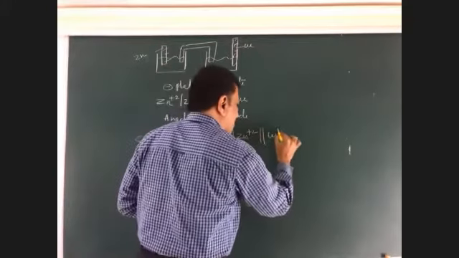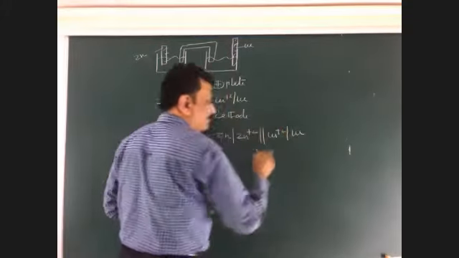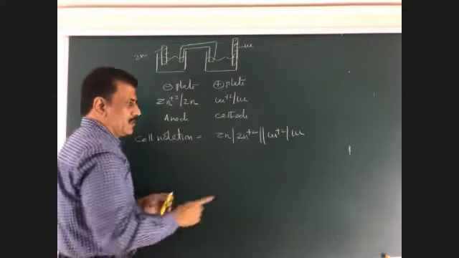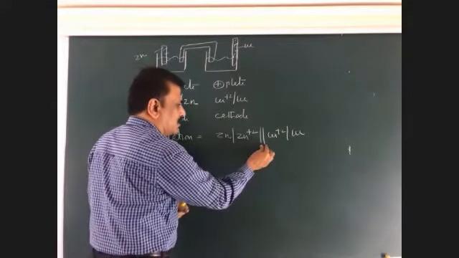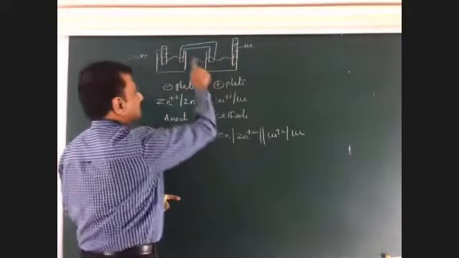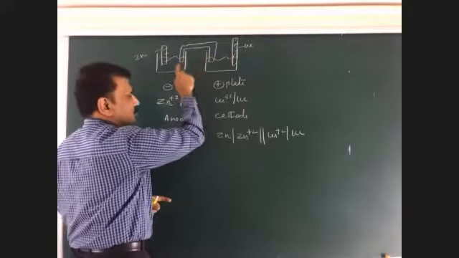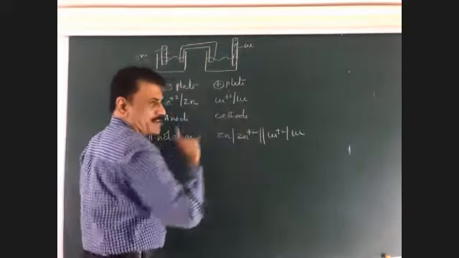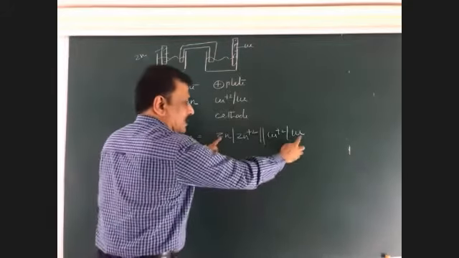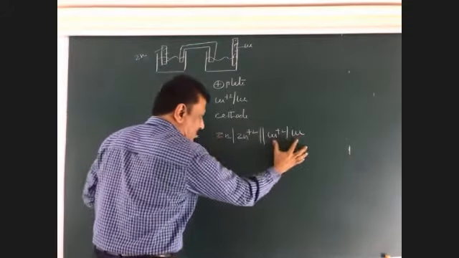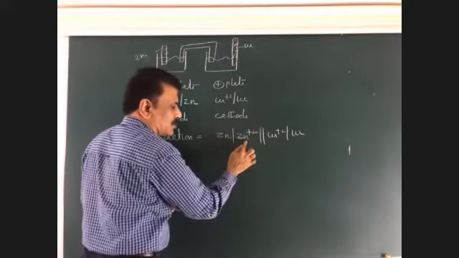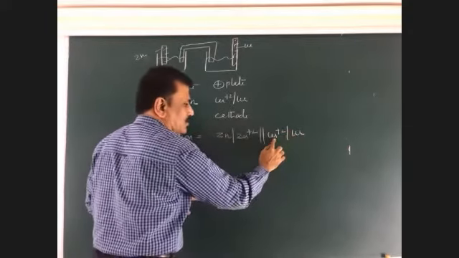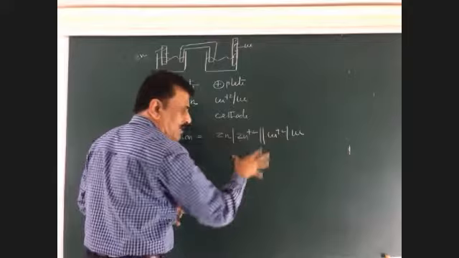And here it is Cu2+ | Cu. Remember, the salt bridge separates the two solutions but completes the circuit. So these are electrodes. This is one electrode, this is another electrode, a zinc rod in its salt solution, a copper rod in its salt solution. Therefore, this is the cell notation.